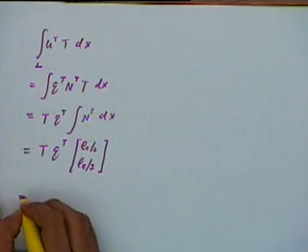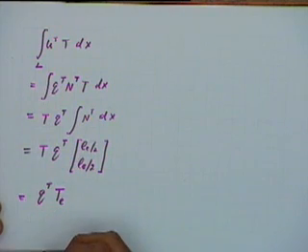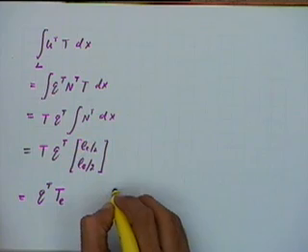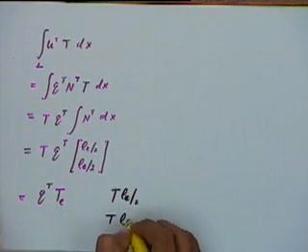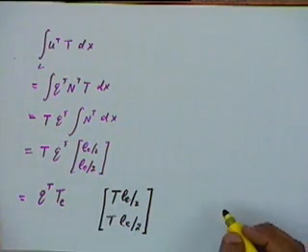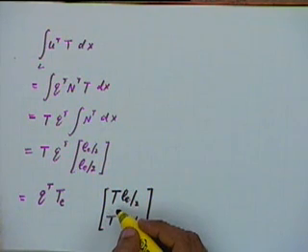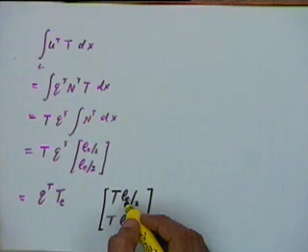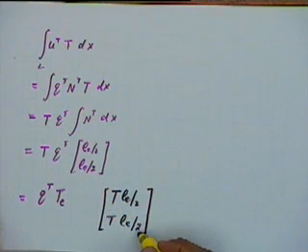So I will say this is equal to q transpose into Te, where Te is nothing but T into Le by 2 and T into Le by 2. Again, T is the tractive force acting on a per unit length basis. So T into Le is the total tractive force on the element. T Le by 2 is half of that, T Le by 2 is another half of that.